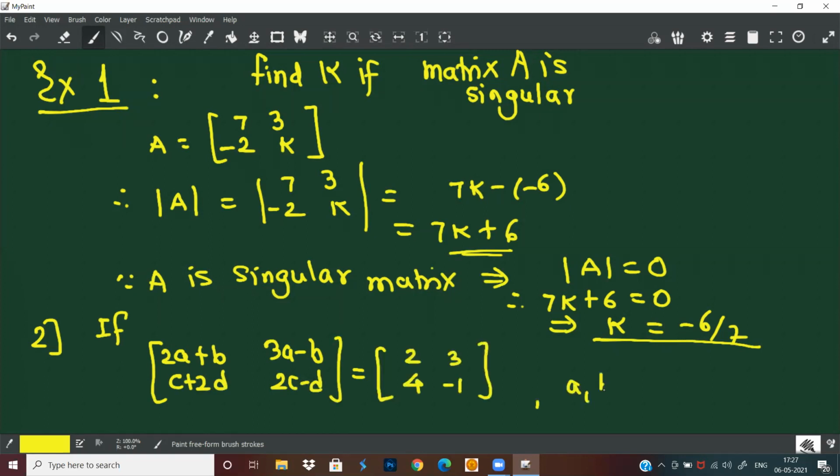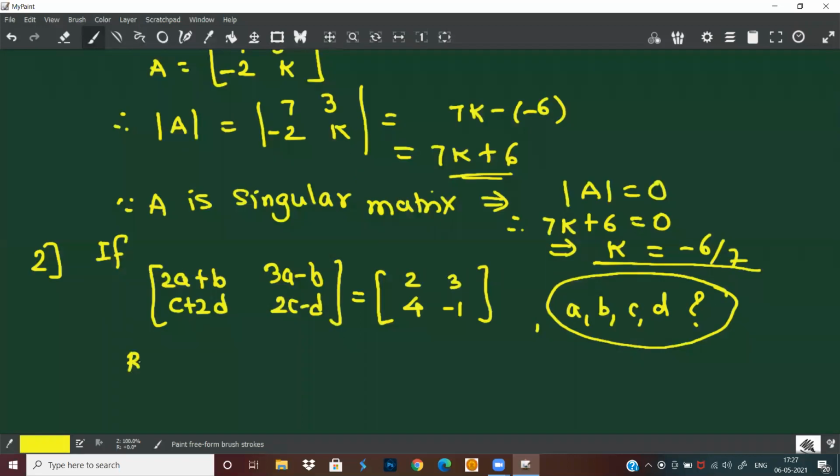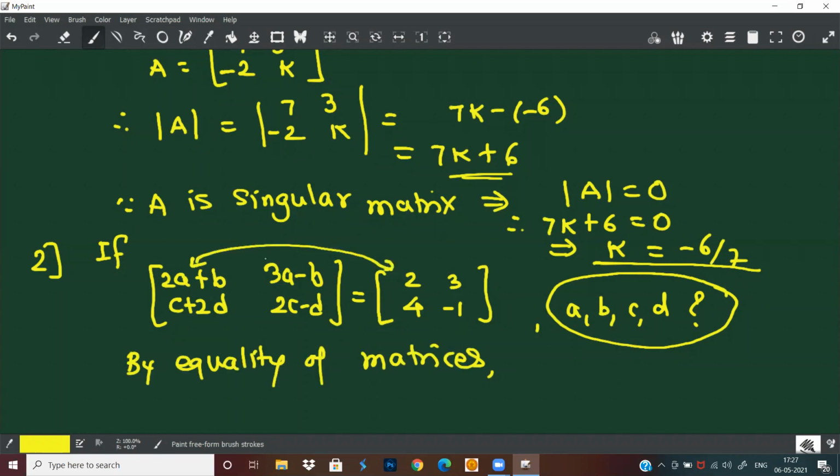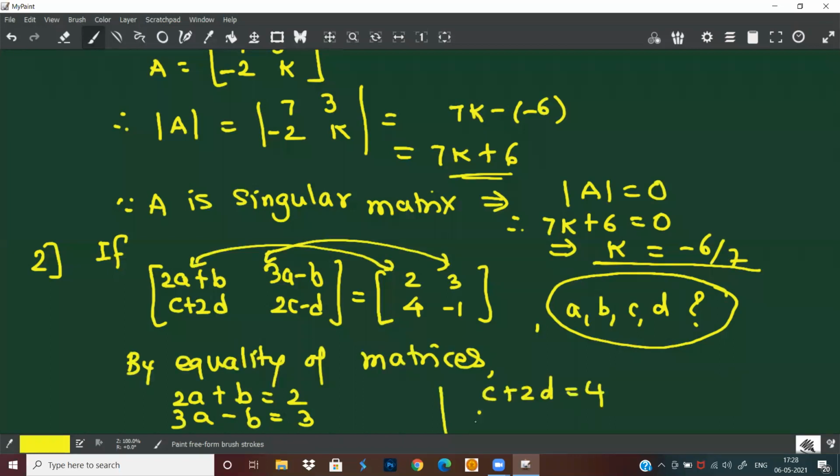So you have to find A, B, C, D. Now by equality of matrices, make you understand कि equality of matrices means equate the corresponding elements. ये और ये equate करो, you will have 2A plus B is 2 and 3A minus B is 3. Then you will have C plus 2D is 4 and 2C minus D is minus 1.